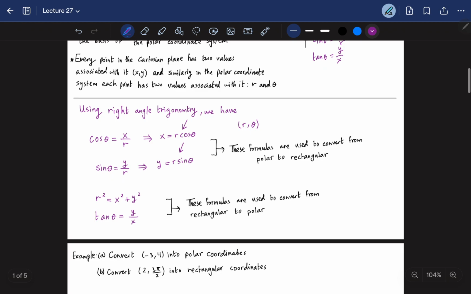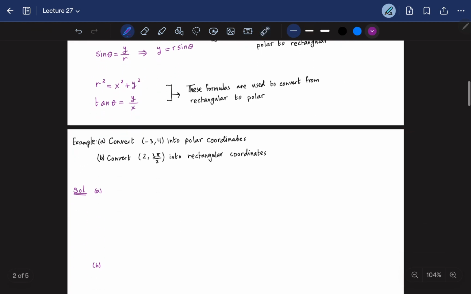So now we're going to use these two formulas to convert from a rectangular point into a polar point. You just plug in the values of x and y here, you're going to get your value r, then plug in the values y and x here, and if you take arctan of y over x, you're going to get the value of theta. So let's try an example to see how that works.